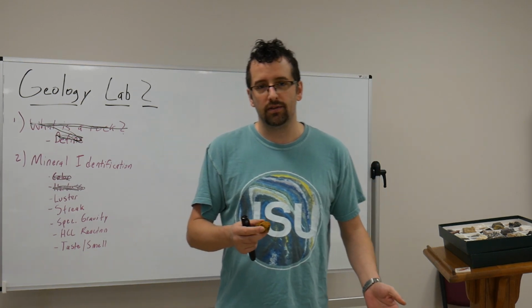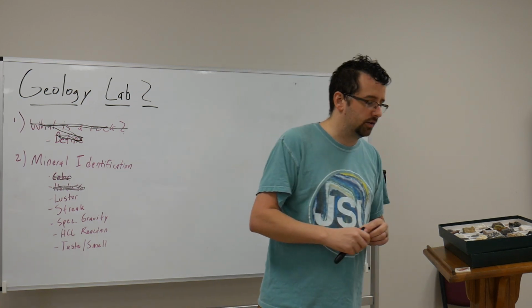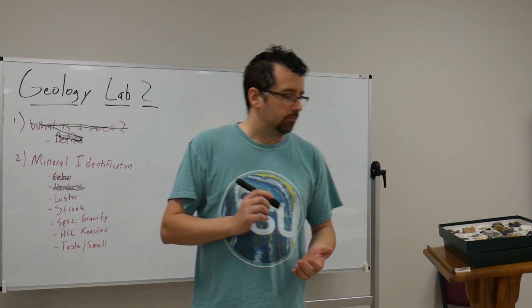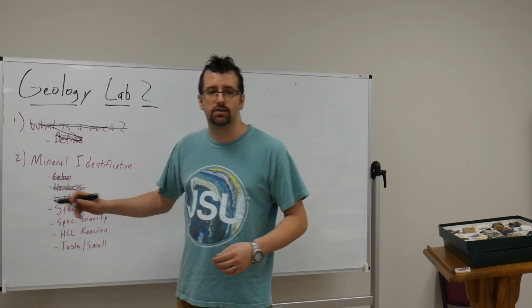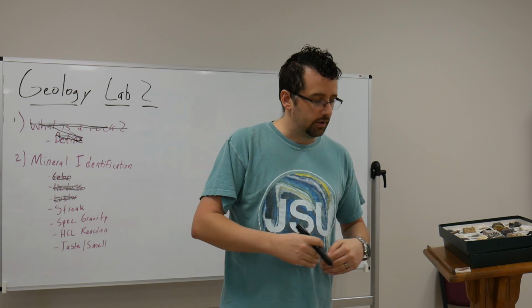It is like dirt. It just isn't very nice. And you will find some others. The adamantine one, like diamond, we don't have one of those. But all right, so there is luster. Remember, luster is all about how it catches the light. So be sure to, when you look at that in the lab, understand how that works.